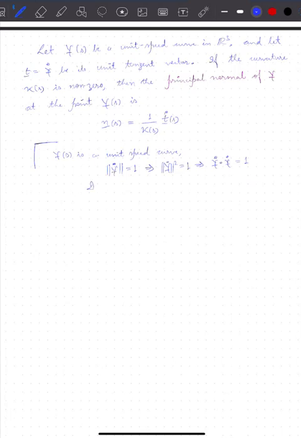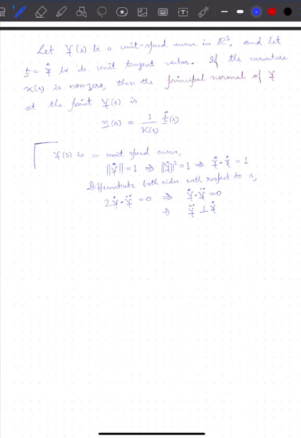Now differentiate both sides with respect to S. Then what we have in our hands is 2 gamma double dot dotted with gamma dot is equal to 0. So this implies that gamma double dot is perpendicular to gamma dot.